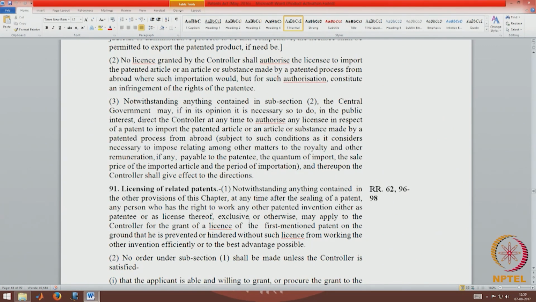For instance, if there is an outbreak of a bird flu virus and there is a particular raw material which is not available in India but is manufactured elsewhere, and we find that it's not possible for the companies in India to match up, manufacture and supply huge quantities of a particular drug within a short span of time, then the central government can use this provision in public interest and direct the licensee to also import the patented article if necessary.